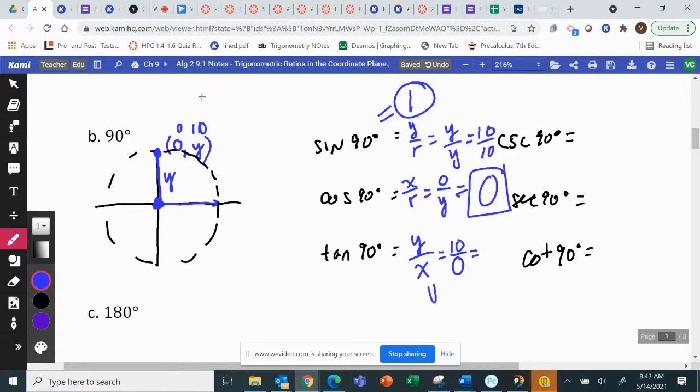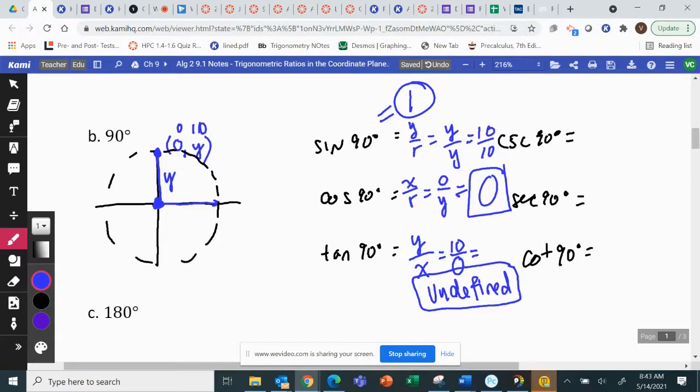Undefined. So I'm telling you guys, I'm using x's and y's right now, but you could totally make up a number for x or y as long as you have 0 in the other spot. This will work for every single one of those as long as you have a 0 in the other spot.